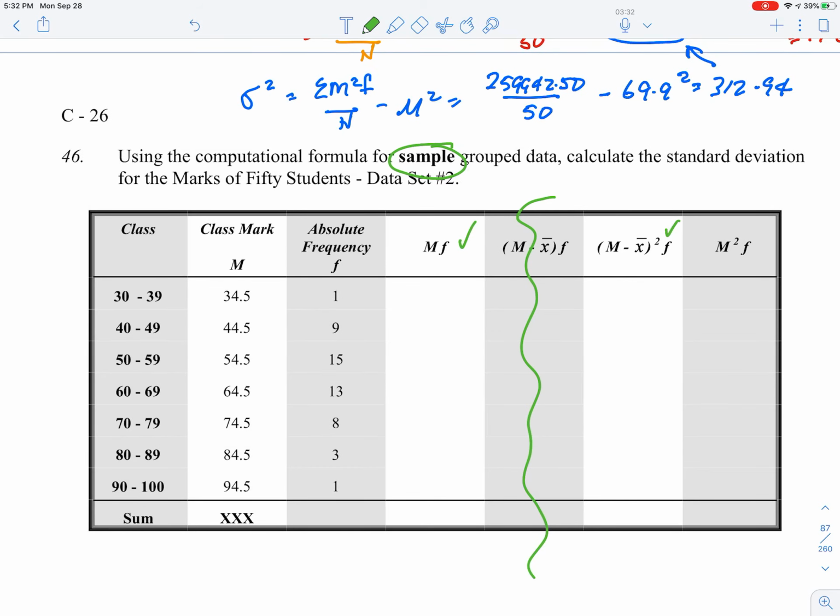I'd like you to try it this way, but then I'd also like you to try it this way here. And I'll give you the answer here. What you'll get is the S squared value is going to be equal to 166.90, it looks like. Not sure about my writing there. The S value will turn out to be 12.92.